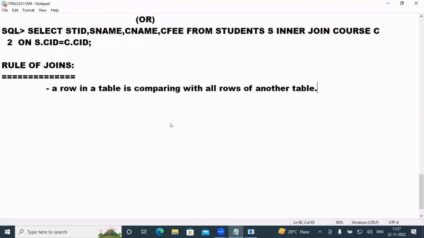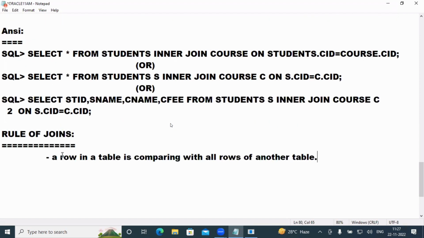Okay, right. So next example, observe. In the previous example, all people were coming to us. But what is my next example? Write a query to display students who are selected for the Oracle course.